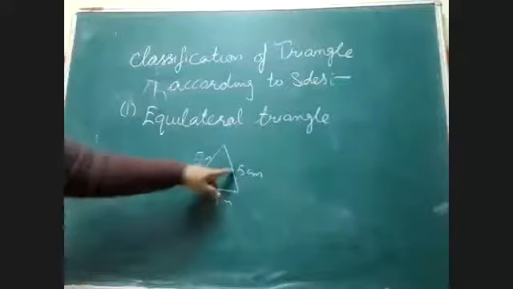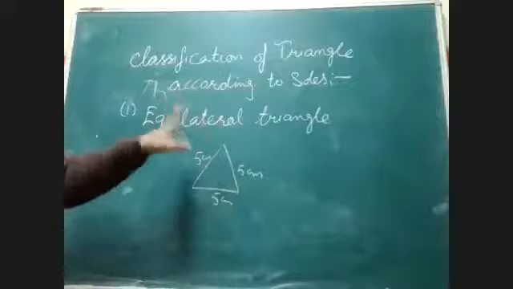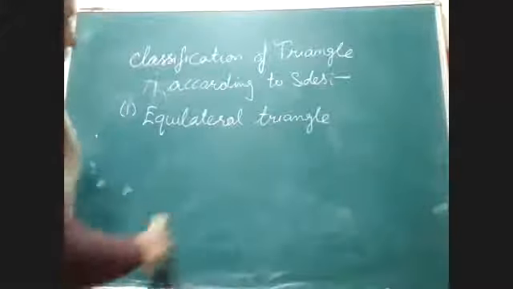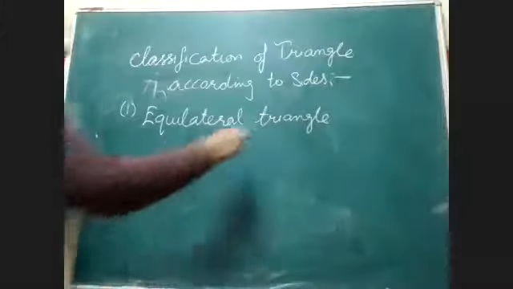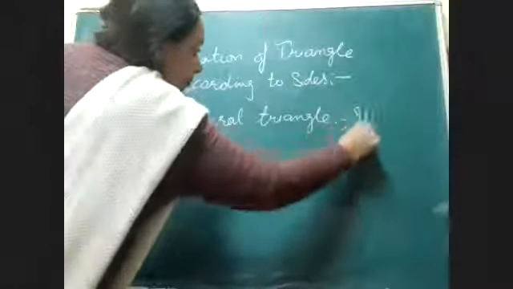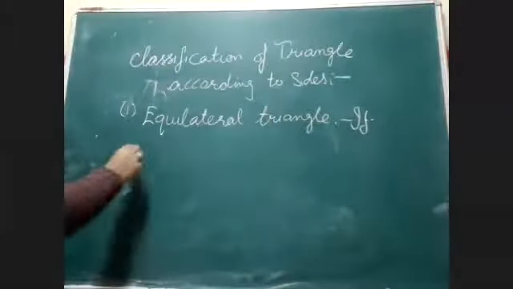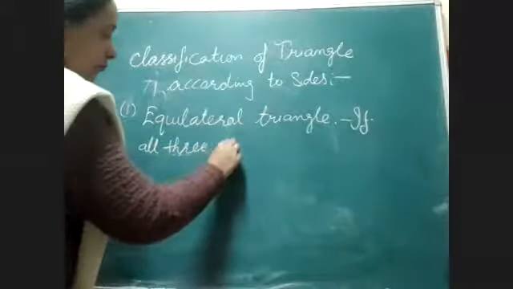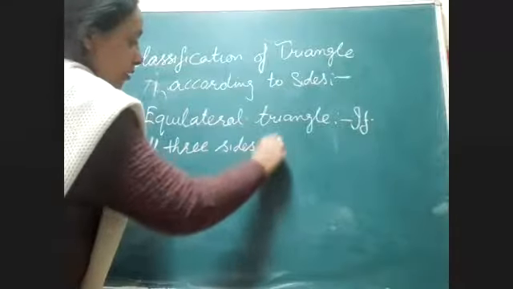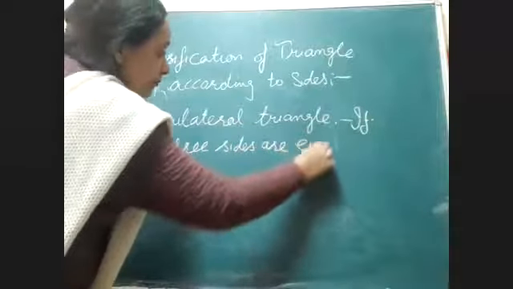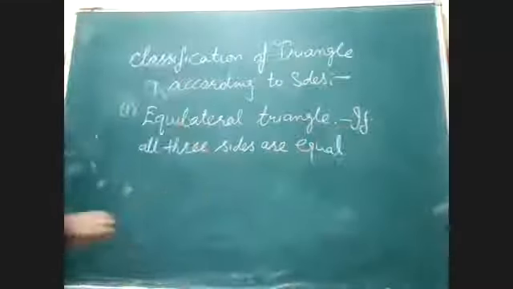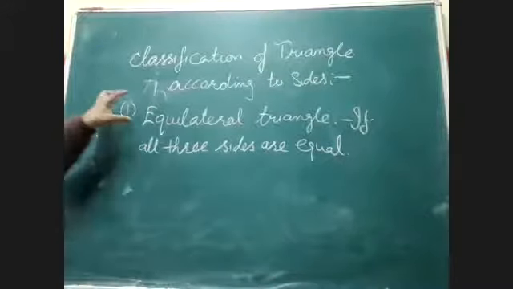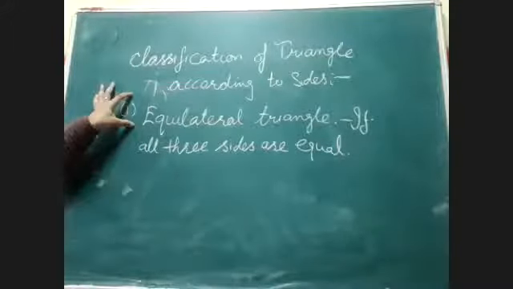If all three sides are equal in length, then the triangle is an equilateral triangle.